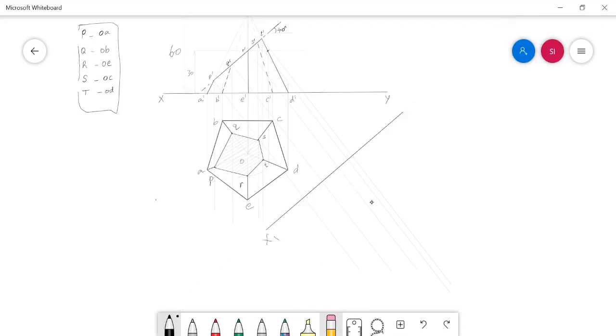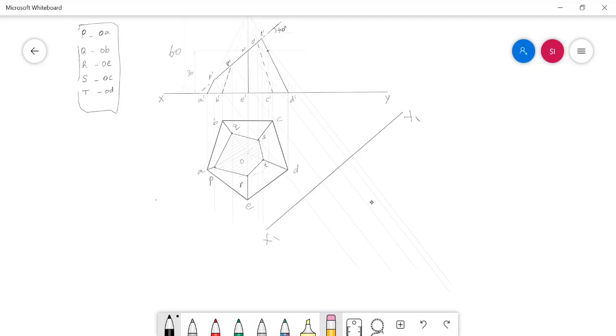This can be named as x1 y1. Now we have to mark the cut points P, Q, R, S, T in their respective projectors at a distance equal to the distance between the cut points and the xy.